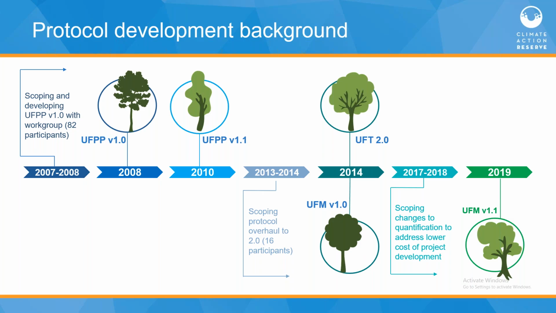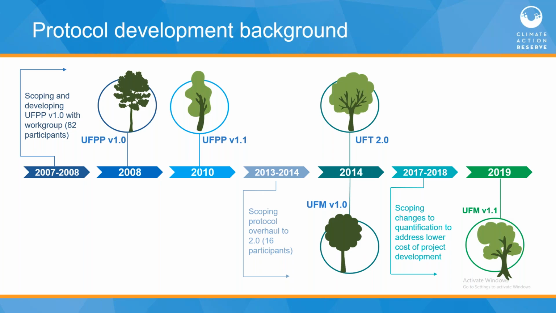In around 2013, 2014, we began a new work group process. This was to update the protocol to version 2.0. So this sort of marks a departure from the original version of our protocol, which is the version that was adapted for use in California's compliance offset program.